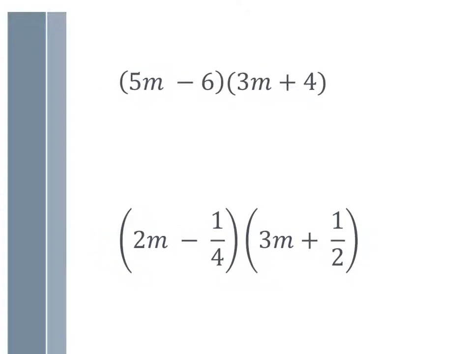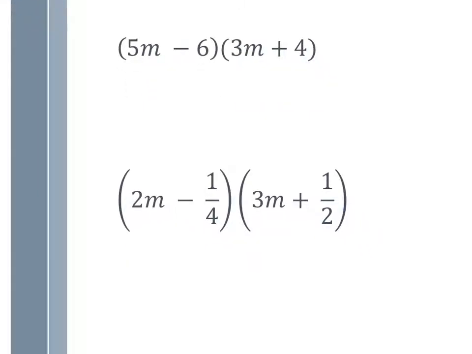Here's another set of two binomials. And again, either use FOIL or the distributive property. So again, I would multiply the 5 to the 3m first, and that gives me 15m squared. Again, remember, you assume a 1, and we're adding those exponents.